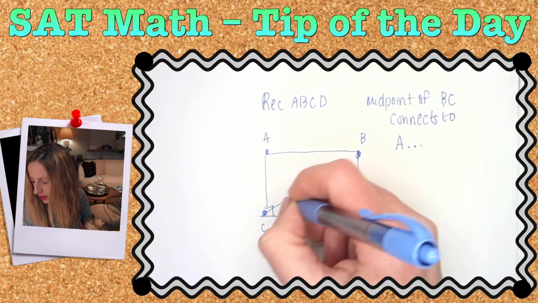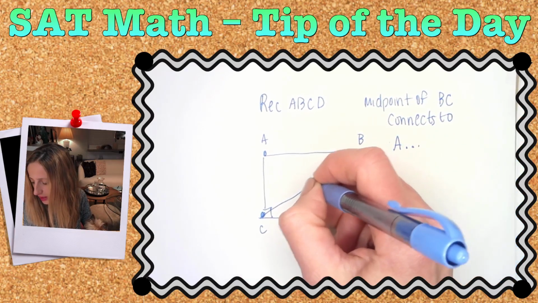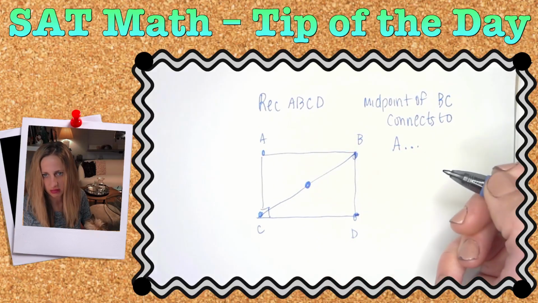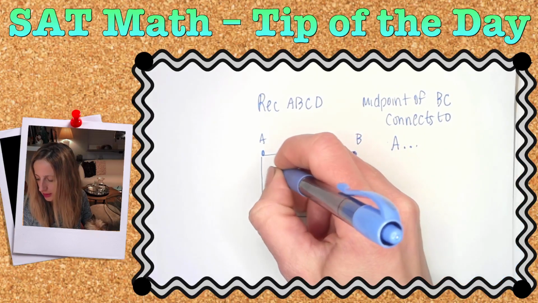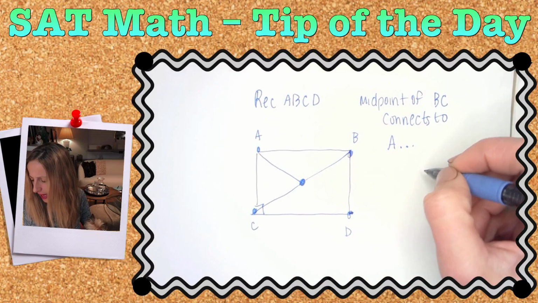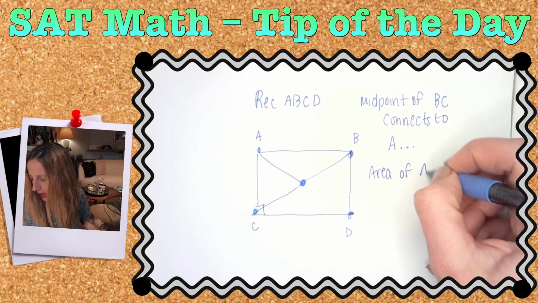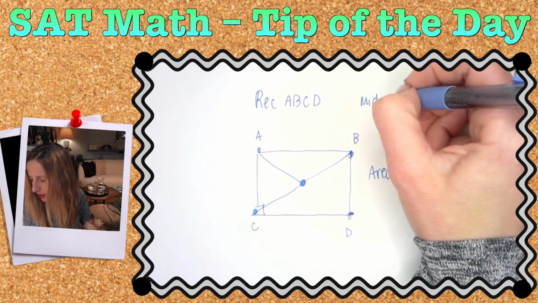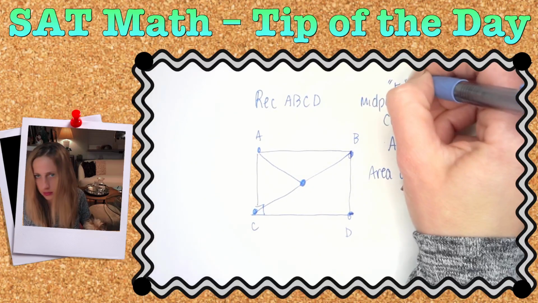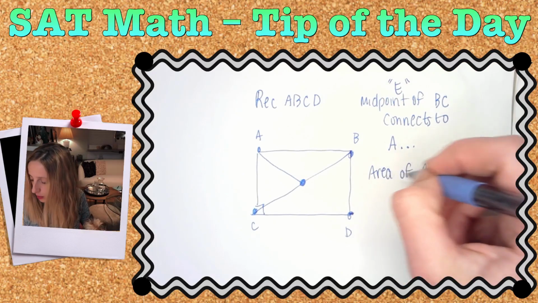So if you drew it like this, well, the midpoint of BC is like the center of the rectangle, connects to A, and then they might ask you, what is the area of A? And let's say we name the midpoint E. I'm really just making something up as I go.